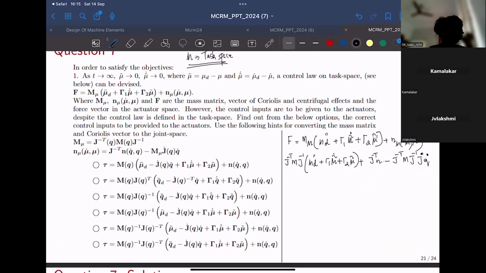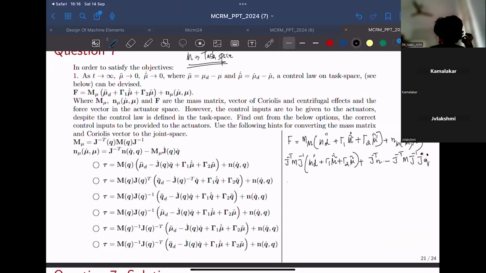So now what can we do? You can see that there is a J inverse transpose M J inverse over here. We also have the same term here. So I can take these two terms inside the bracket, considering this as a common factor.